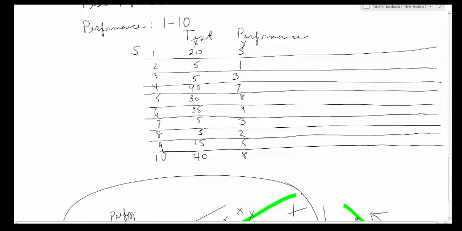Well, one of the things that we would want to do is first calculate the mean of the test. That is, your average person who takes this test gets a 20. Some lower, some higher. The average performance measure is a 5. Some higher, some lower.